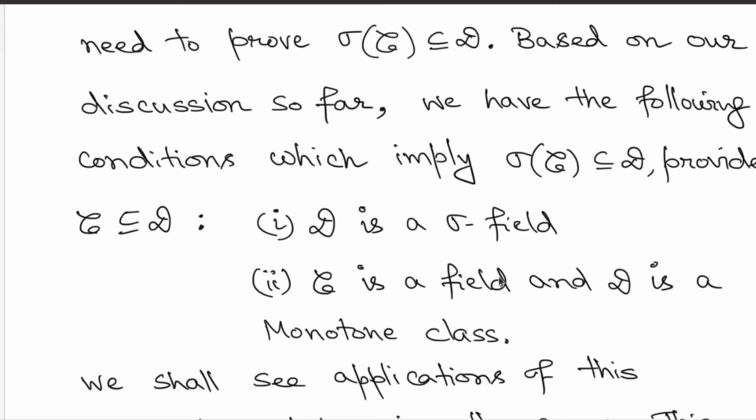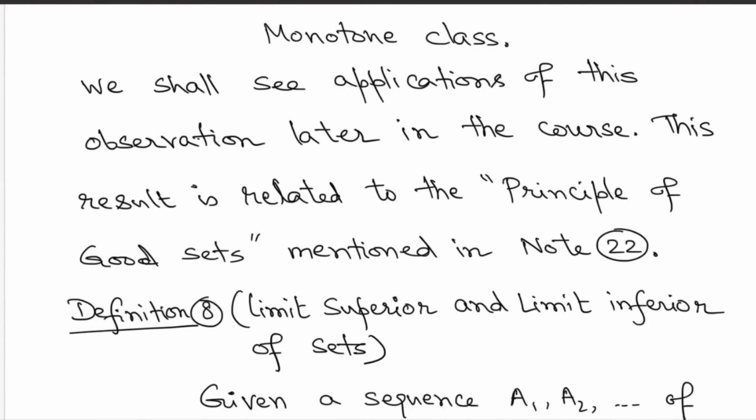That means if C is a field contained in a monotone class script D, then the sigma field generated by the field script C is also contained in script D. This is the implication provided in the monotone class theorem. We shall see applications of this observation later on, and this result is related to the principle of good sets. We had mentioned this earlier in note 22, but due to time constraints we are not going to discuss these things in detail.